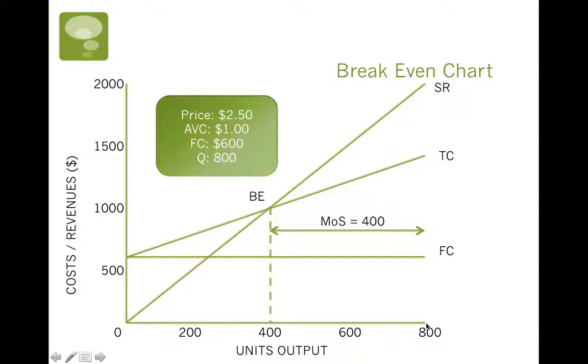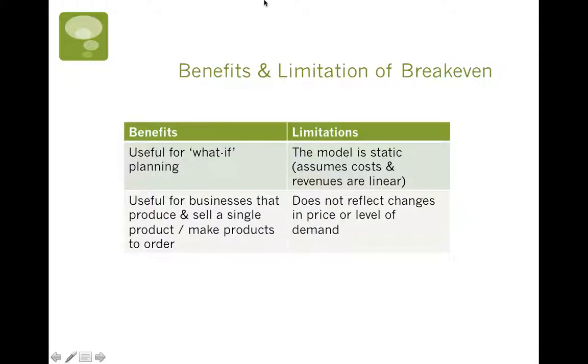That would mean that our output is still here, our total cost is still here, but our sales revenue may be much lower. So in actual fact, this is reliant upon the idea that we've sold every item that we've made, which is why the break-even chart is more accurate for companies that use a just-in-time method of production and make their products to order, because they know that each product that they make will be sold.